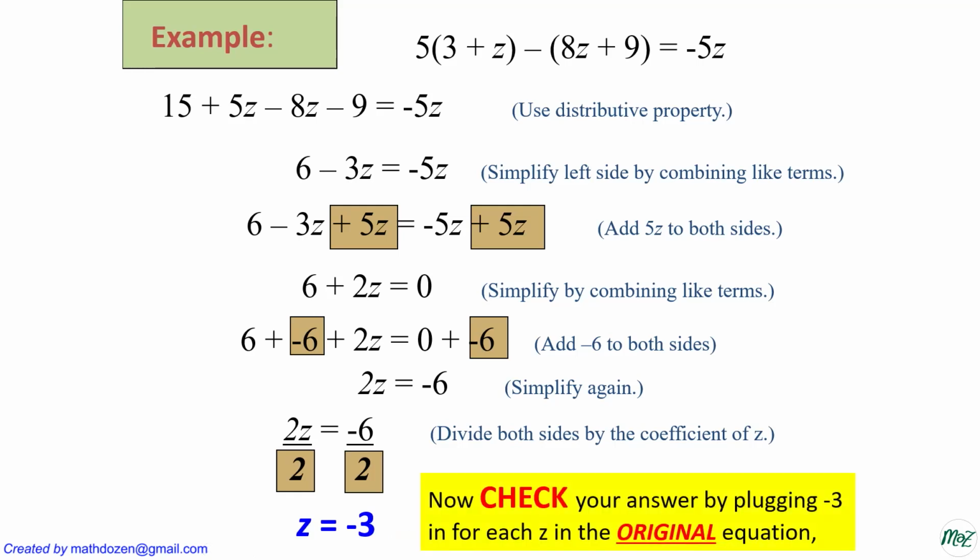Now we have one more step, and that's checking. Let's do this at least once so you know how this procedure works. We're going to take our possible solution, negative 3, and substitute this value into the first line, when we first saw the equation for our example, before we made any changes.